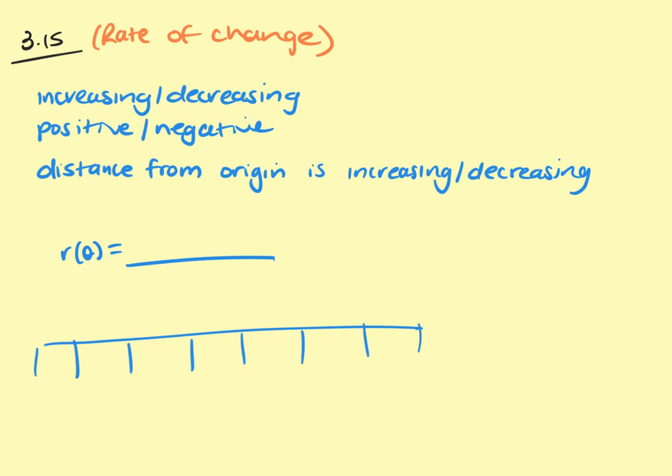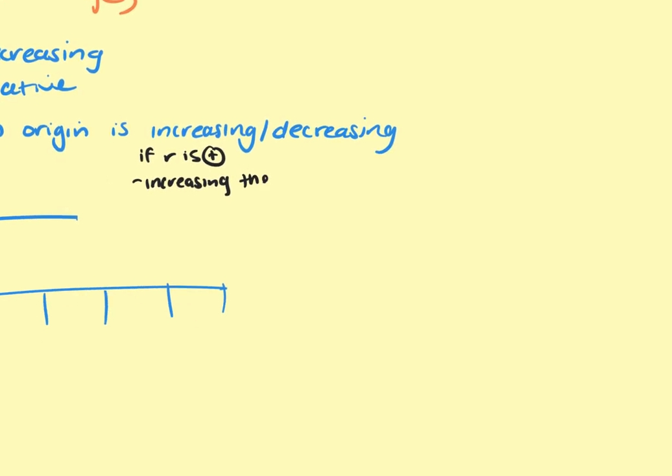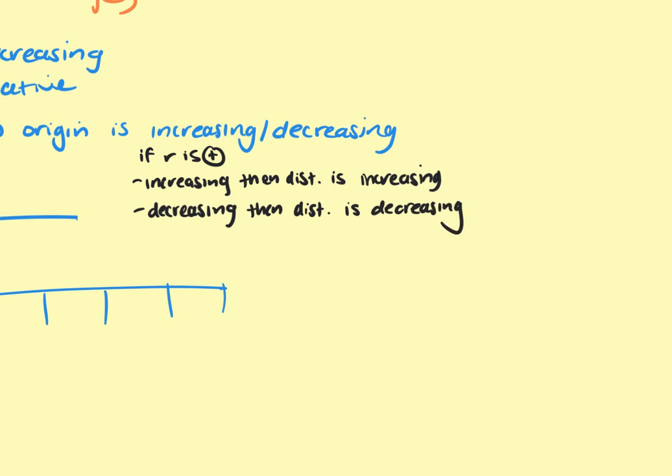So remember, if R is positive and it is increasing, then distance is increasing. So positive and going up, it's moving away from your pole. If R is positive and it is decreasing, the values are decreasing, then the distance from the pole is decreasing. You're getting closer to the origin.